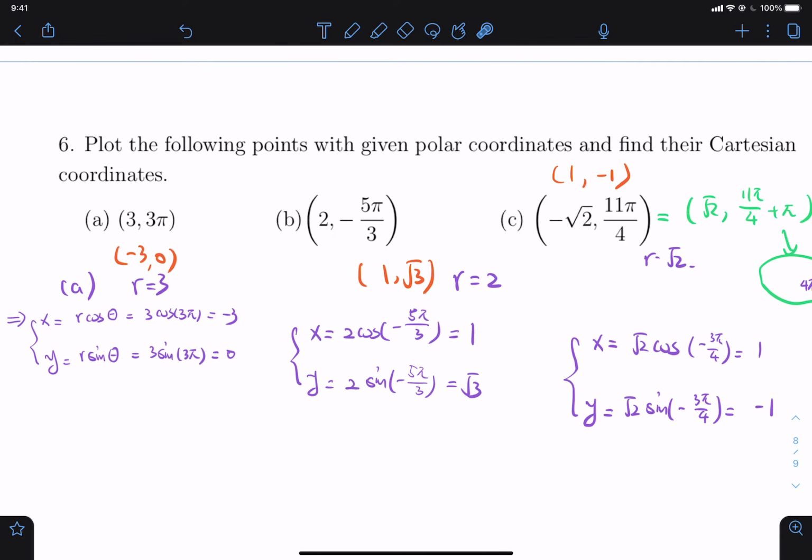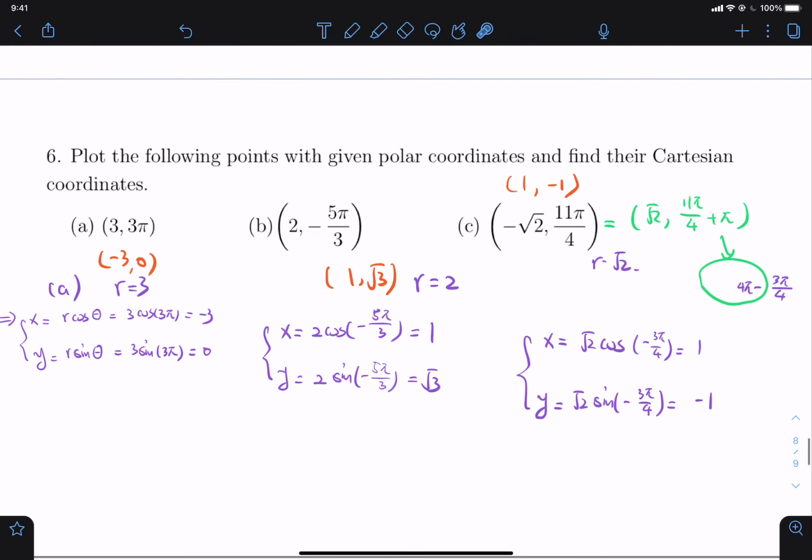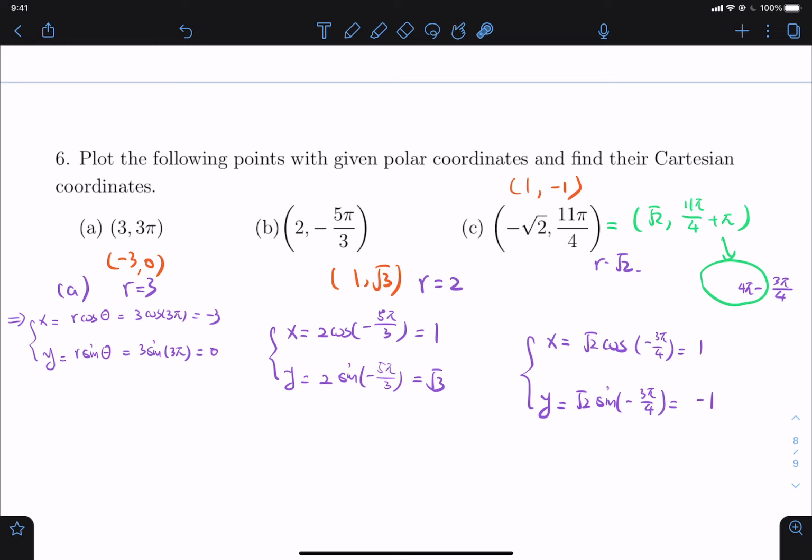Okay, that's the Cartesian coordinates. And for the question C, that is a little bit different because we have negative radius here. When we have such a form, we need to convert that into the positive radius form first before we do the conversion, right? So when we flip the radius, we also flip the angle to the other side, right? The other side means we need the plus pi. Right? It's the other side of the unit circle. So this becomes positive, right?